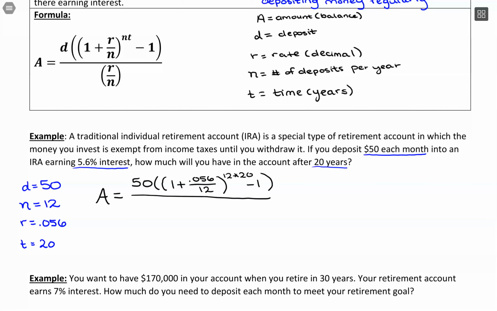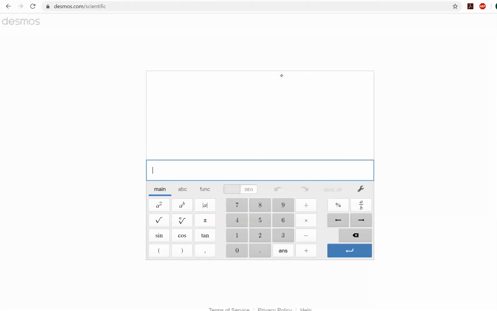The denominator will have the rate divided by N. So just plug the correct numbers into the correct spots. The tricky part will be plugging it into the calculator correctly. I highly recommend the online calculator for these, especially since you can separate the fractions the way you see in the formula.